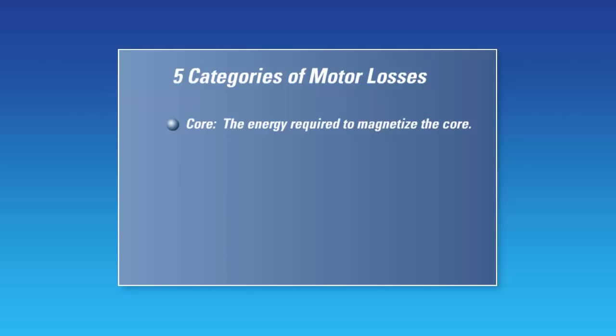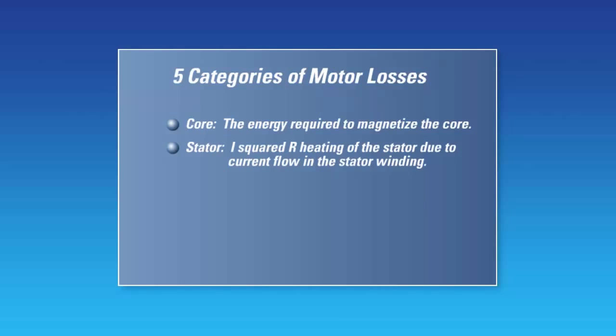Core losses. Core losses are comprised of 2 components: the energy required to magnetize the core and eddy current losses in the stator core. Stator losses. Stator losses are due to the I²R heating of the stator due to current flow in the stator windings. Rotor losses. Rotor losses are due to the I²R heating of rotor bars as induced current flows.